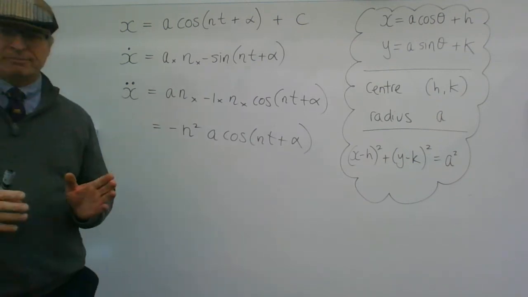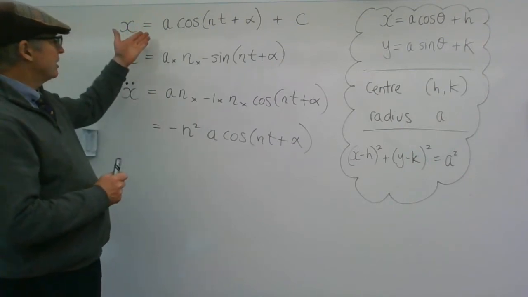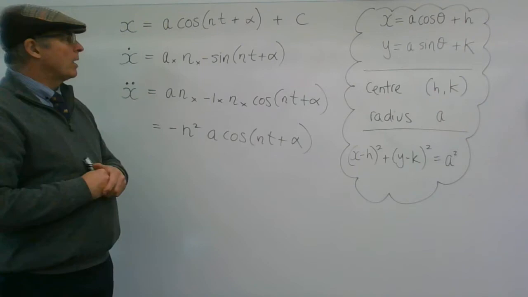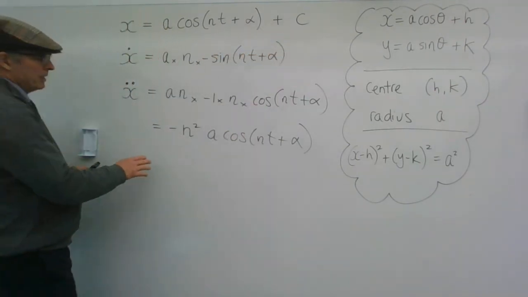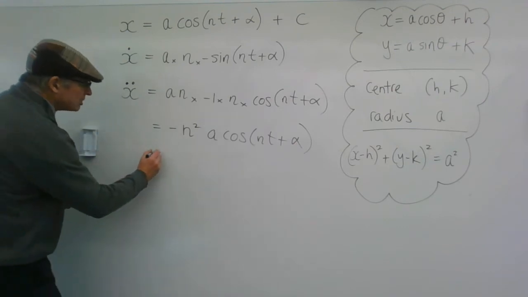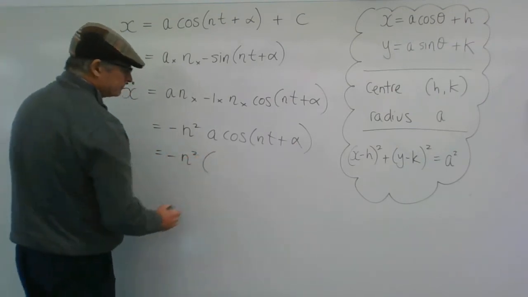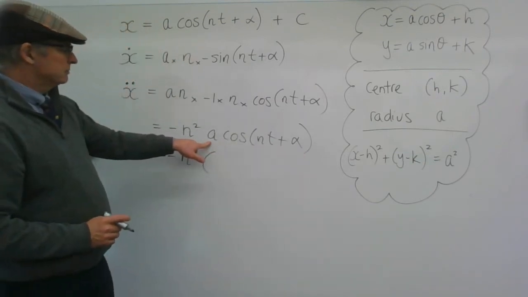Now that's interesting because that's very close to the original equation. Very close. It's just missing one little bit, which is the plus c, right? So it's actually equal to minus n squared. Now, this isn't just x, right?